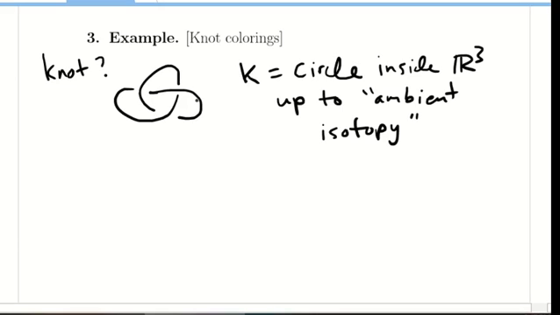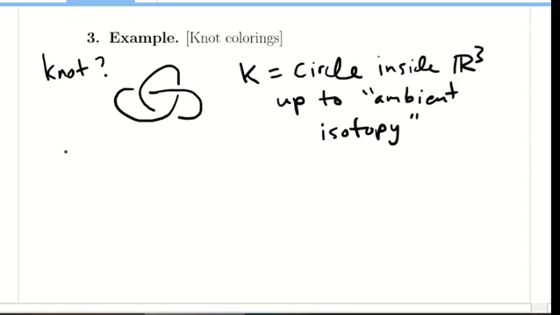But it's really bendy and really stretchy. You can bend it and stretch it and turn it and do whatever you want to it, so long as whatever you're doing is allowed in the three-dimensional space that it lives inside.